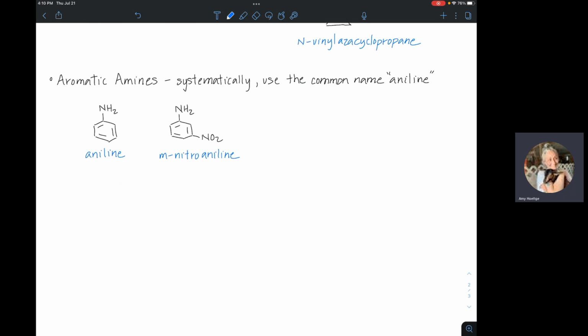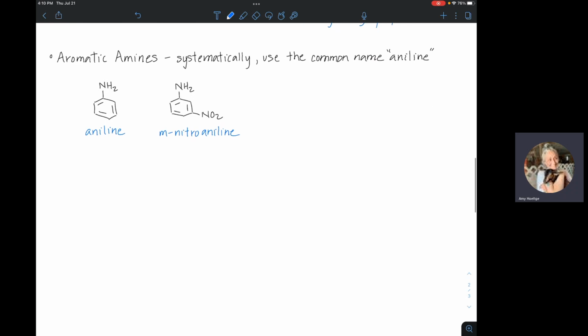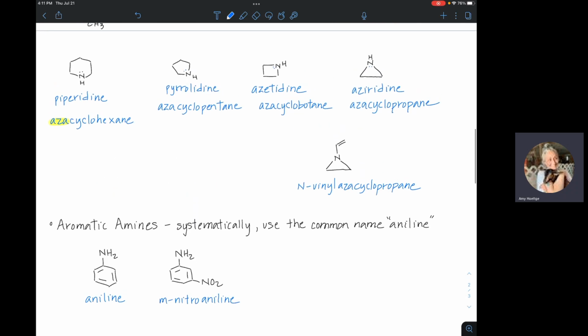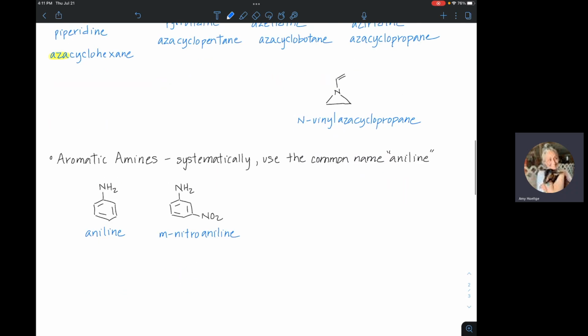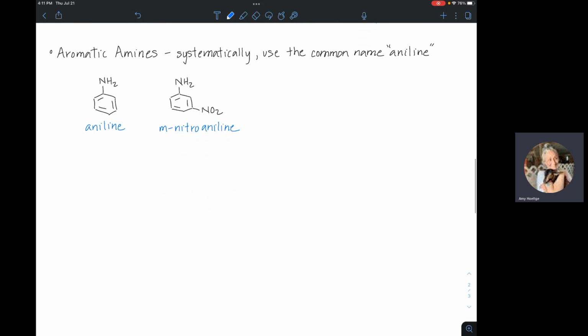What about aromatic amines that are heterocyclic? So like, say for example, I take these up here, my 6-membered ring and my 5-membered ring, what if I incorporate that nitrogen into an aromatic system?